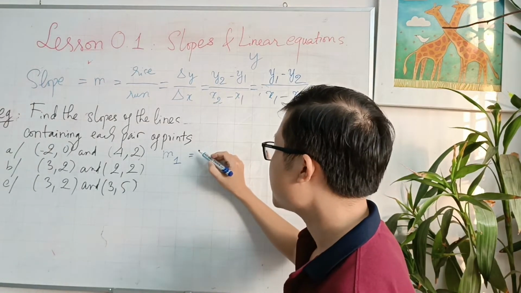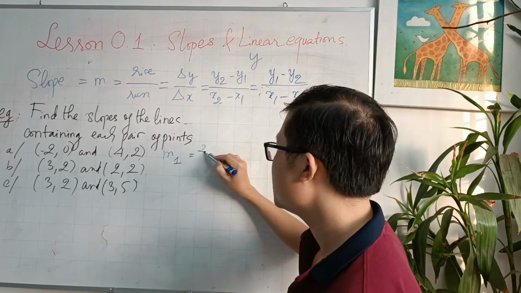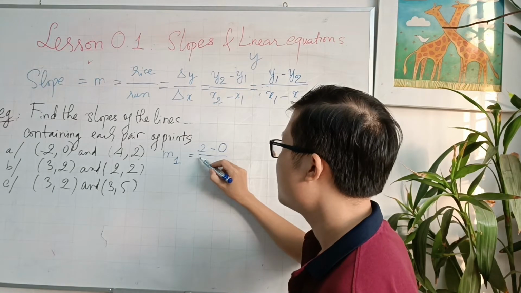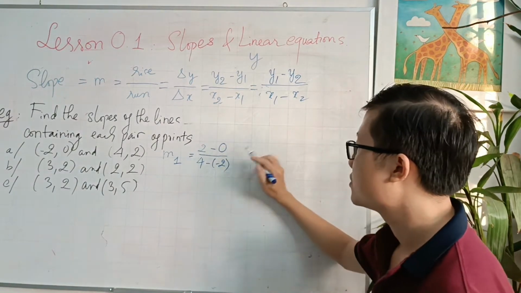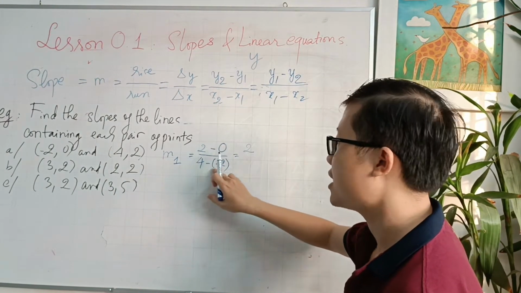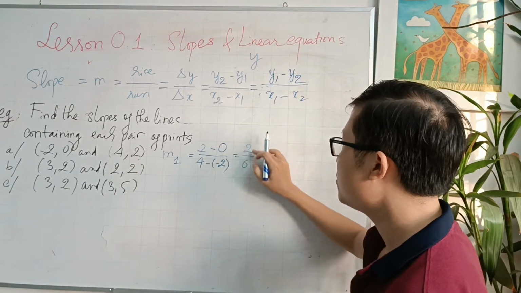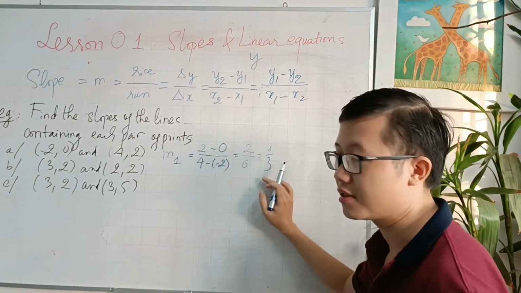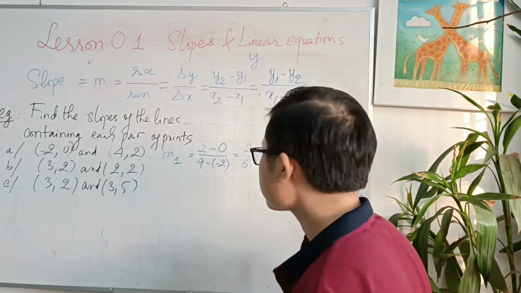So this is 2 minus 0 over 4 minus negative 2. 2 minus 0 is 2. 4 minus negative 2 is 4 plus 2, so the answer is 6. 2 over 6 is 1 over 3. We simplify the answer to get the final answer.